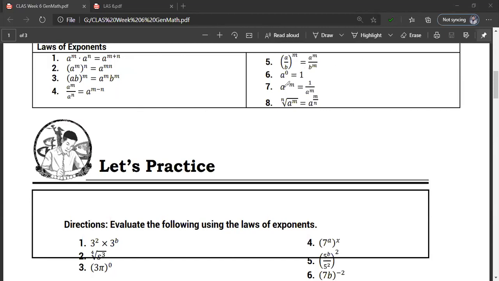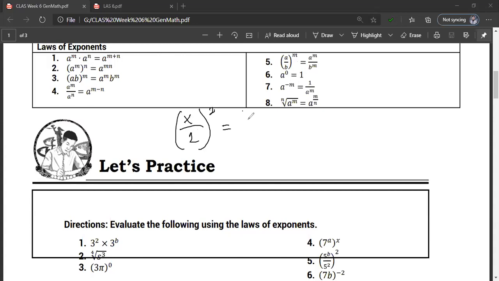So, number 5. A over B raised to M is equal to A raised to M over B raised to M. We need to distribute the exponent to the numerator and to the denominator, kasi yung nasa loob yung ia-apply natin ng exponent or power. Example, kunwari, x over 2 squared.